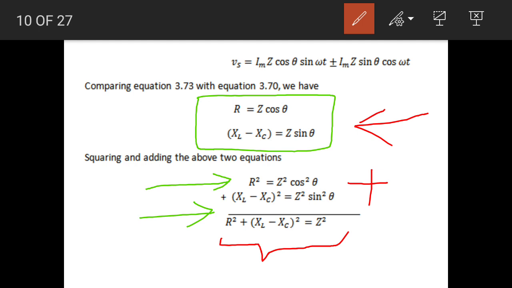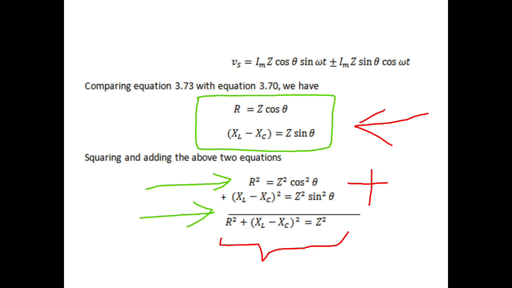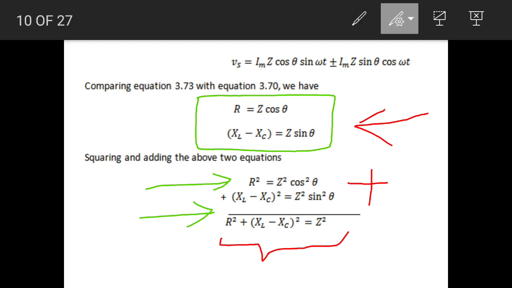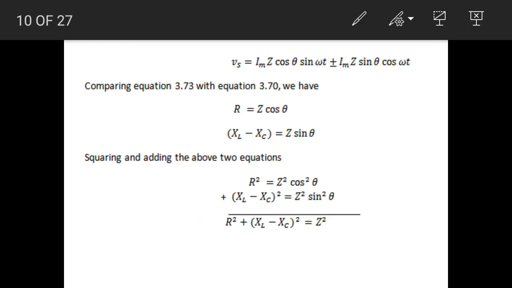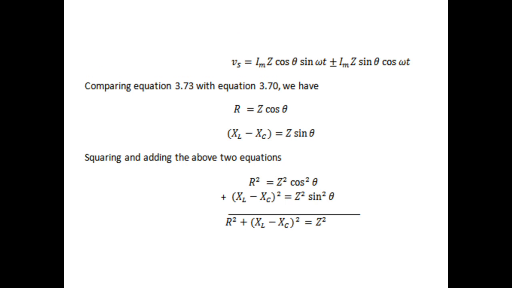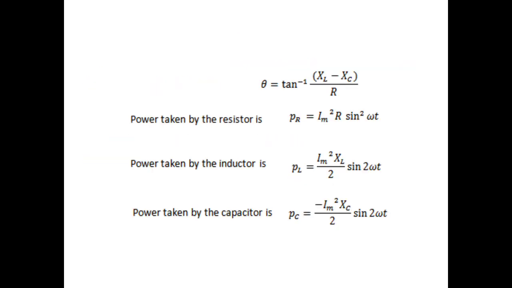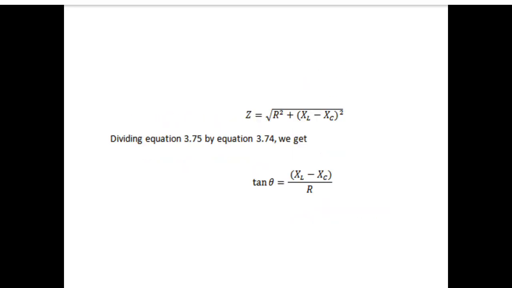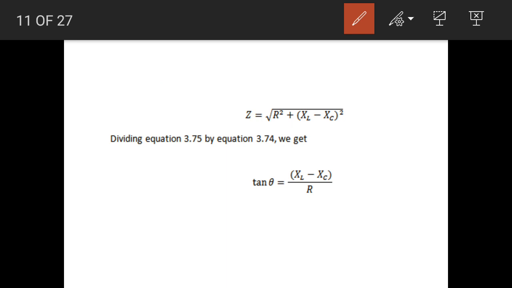So we can find out the impedance of this series combination with the help of this equation. You see, the last equation shows that Z, which is the impedance of this series combination, will be equal to under root R square plus XL minus XC whole square.